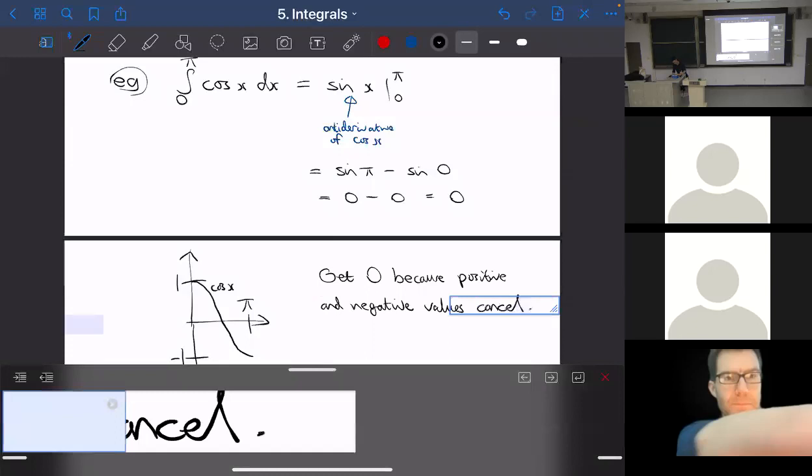And so we saw something like that before. We'll say a bit more about that later on.